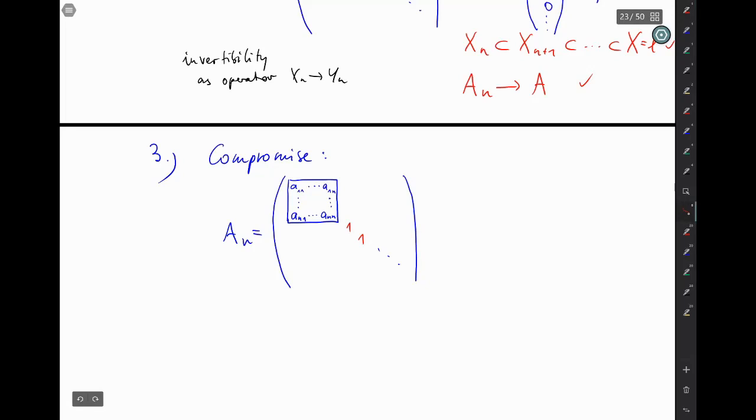So we could also say we take that finite n by n matrix, and instead of extending it by the zero operator, we extend it by the identity operator, thereby making the whole thing invertible, at least giving it a chance to be invertible, which it is as soon as this n by n matrix is invertible.